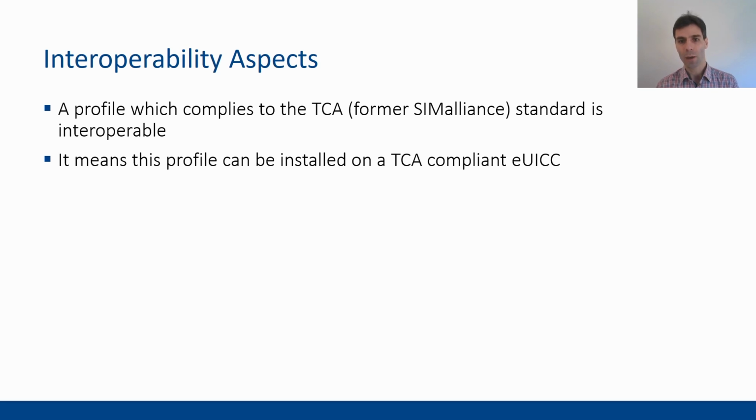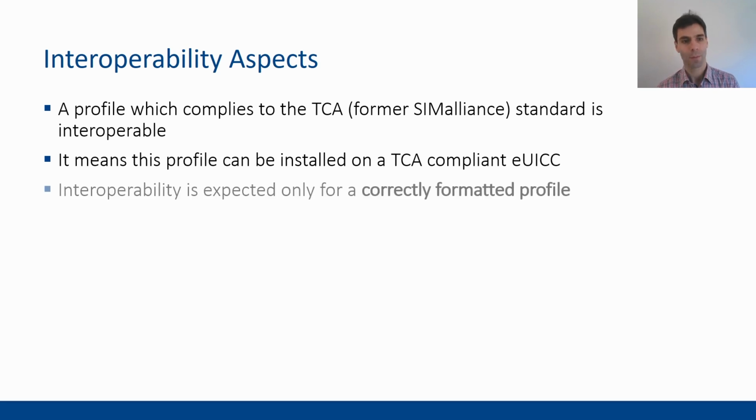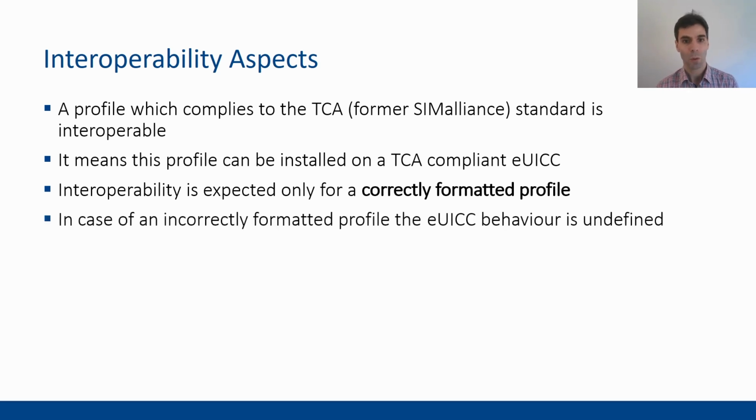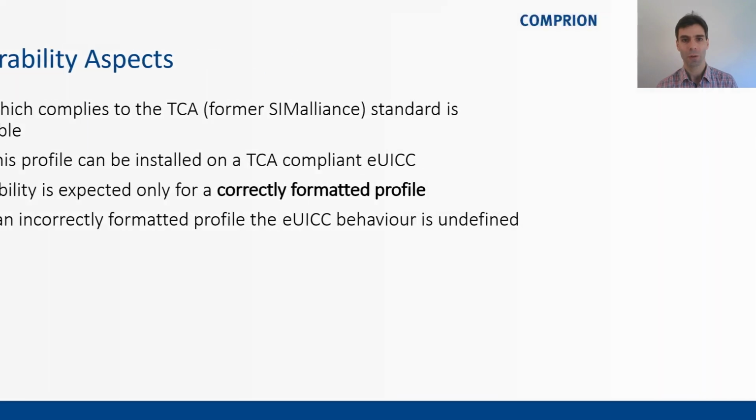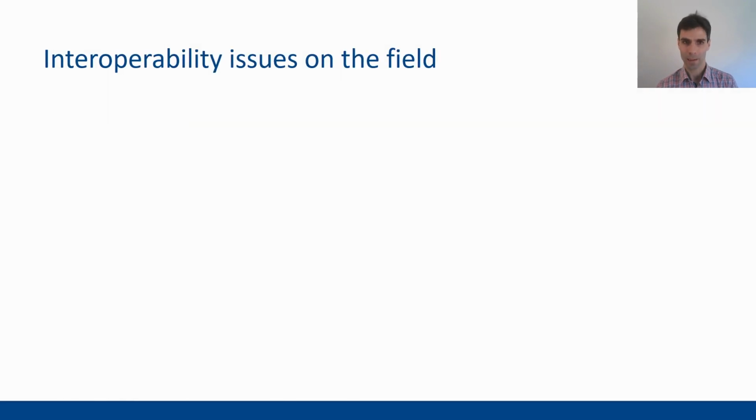We know that there is a compliance program for the UICC. The interoperability between a profile and the TCA compliant UICC is expected only, however, for a correctly formatted profile. In case of an incorrectly formatted profile, UICC behavior is undefined. It may lead to issues in the field, which have been seen.